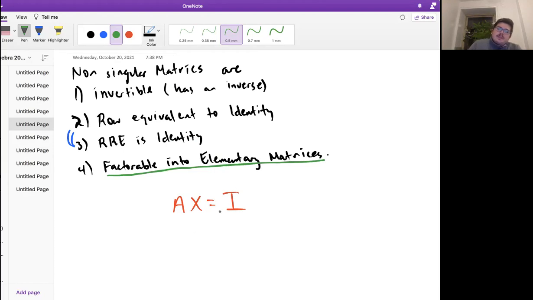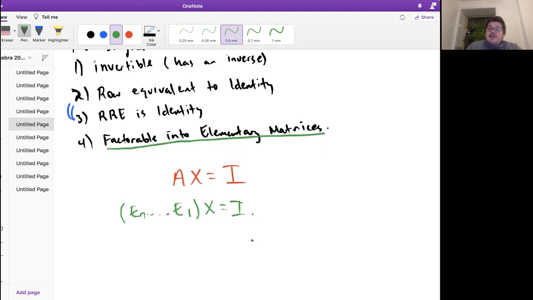Yeah, so if A is factorable into elementary matrices, then what you're essentially doing is at every step, we're doing what we talked about, which was to multiply by inverses.